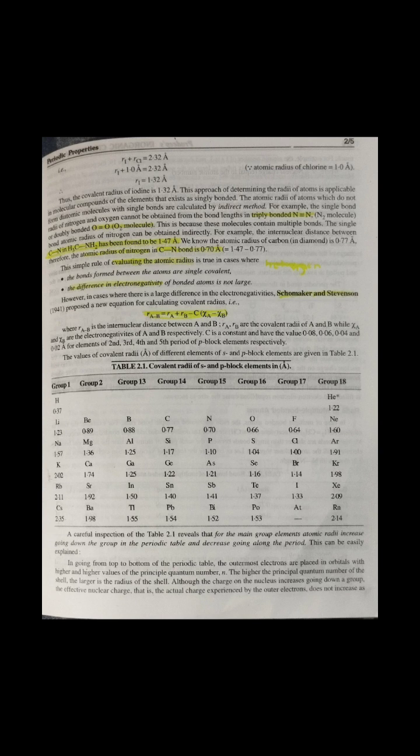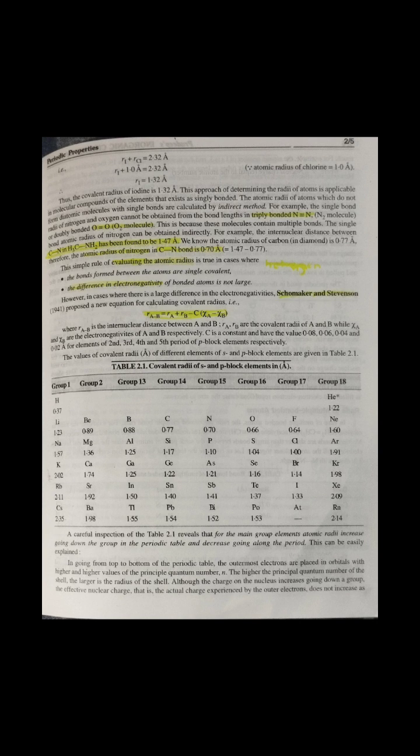This can easily be explained. In going from top to bottom of the periodic table, the outermost electrons are placed in orbitals with higher and higher values of principal quantum number. The higher the principal quantum number of the shell, the larger is the radius of the shell, although the charge on the nucleus increases going down a group.